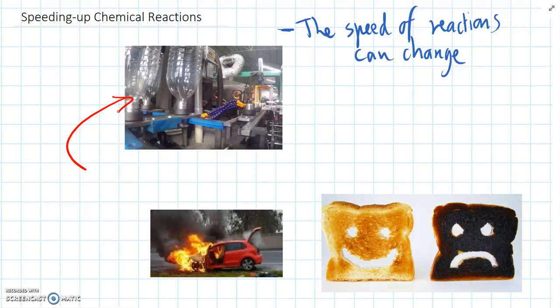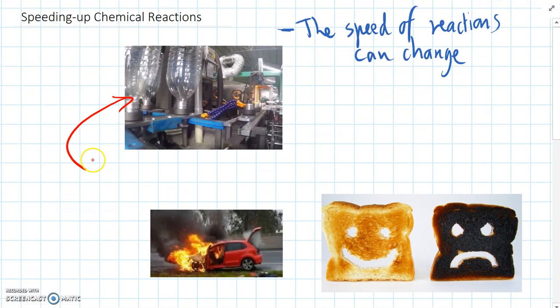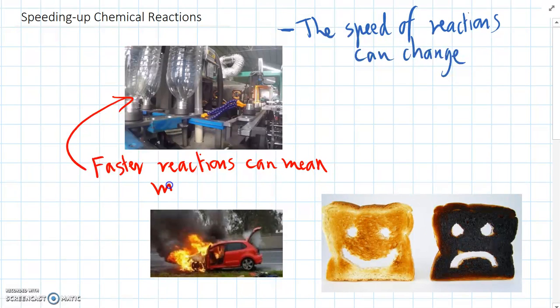And if they can make those chemical reactions happen faster, that means they can make more bottles and make more money in the end. So, firstly, faster reactions can mean more money. Which is good for businesses, definitely.